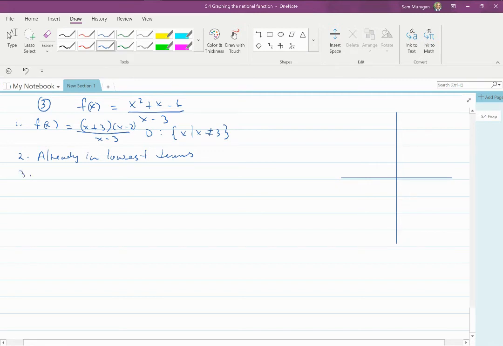Step 3, the x-intercepts. x is equal to negative 3 crosses, and x is equal to positive 2 crosses. So negative 3 and positive 2. Y-intercept.